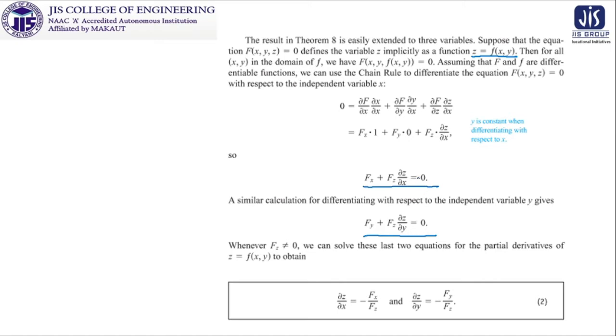From these two, considering fz not equal to 0, because it will come in the denominator, we can solve these two equations for the partial derivatives of z, where z is equal to f of x, y, to obtain del z del x equal to minus fx by fz, and del z del y equal to minus fy by fz. So this is the extension of the two variable case to the three variable case.